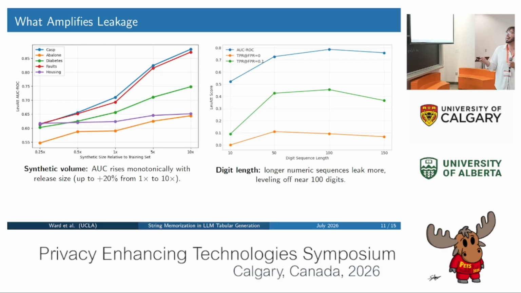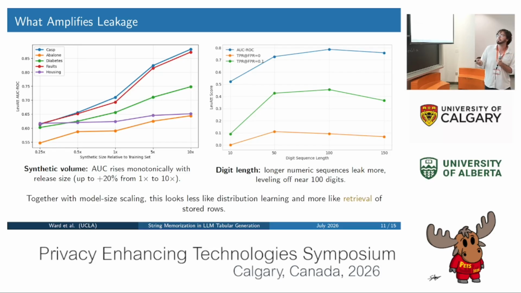And additionally, the longer the digits and the more information you have in your training data, usually the greater danger you have of leaking these things, because it memorizes these different motifs in these numeric sequences and categorical sequences.